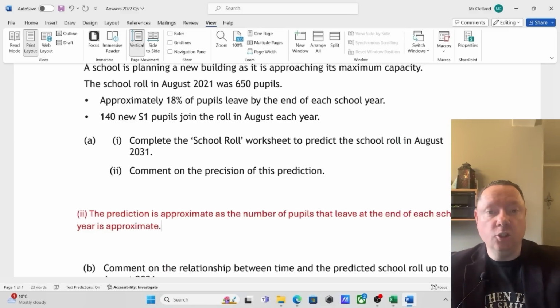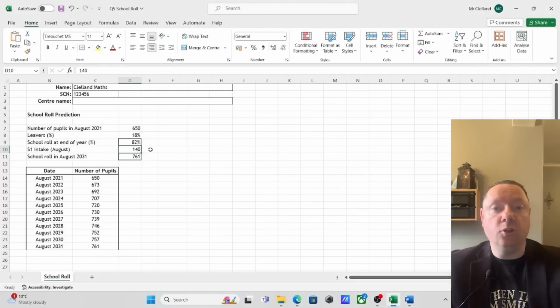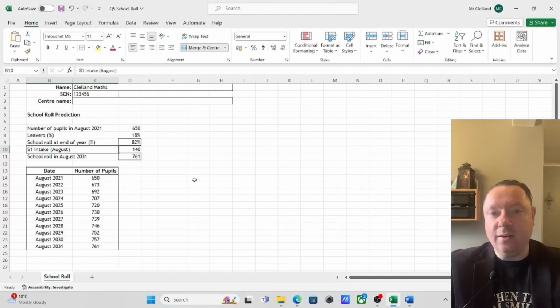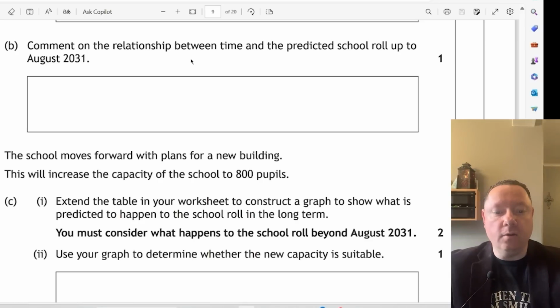And with these questions, usually when you're talking about precision of predictions, if we go back, we look at the variables that could change. For instance, the leavers could change, but really the S1 intake, is that really 140 each year? The question says it is, but that could change too. So looking at these questions, you're looking at just making a comment on these numbers being accurate or whether they can change or not. Part B, comment on the relationship between time and predicted school roll up to August 2031.